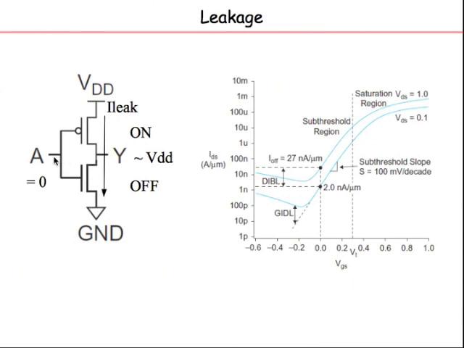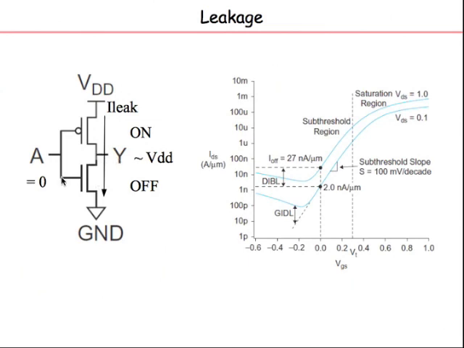So when my A is 0, I have a negative gate-to-source voltage, so the PMOS is on. When the PMOS is on and the nMOS is off, Y is connected to VDD. There is a good, nice connection to VDD. So output is 1, logical 1, electrically VDD. Similarly, when A is 1, nMOS is on, PMOS is off, so Y is 0. So I have a logic gate, the inverter.